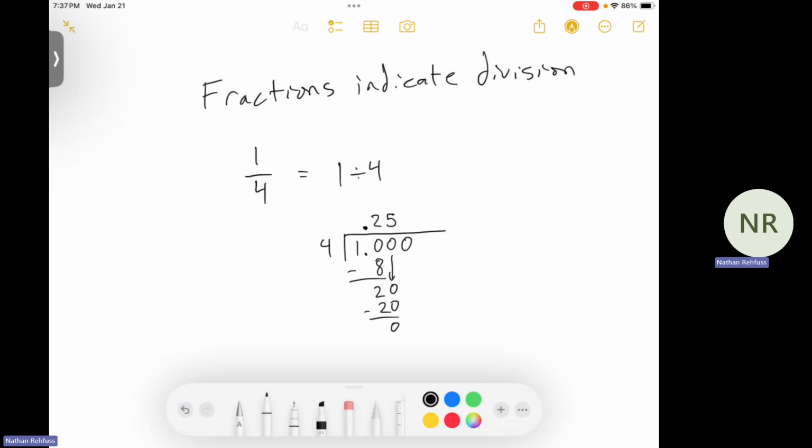We get a remainder of 0. So 1 divided by 4 is 0.25. And if you'd like to write that as a percentage, remember we can move the decimal point 2 places over and call that 25%. So 1/4 represents 25% of something.